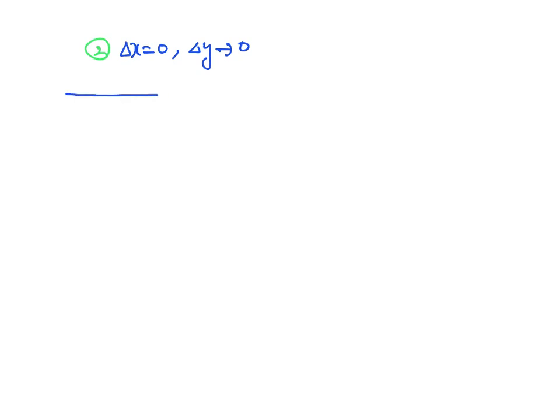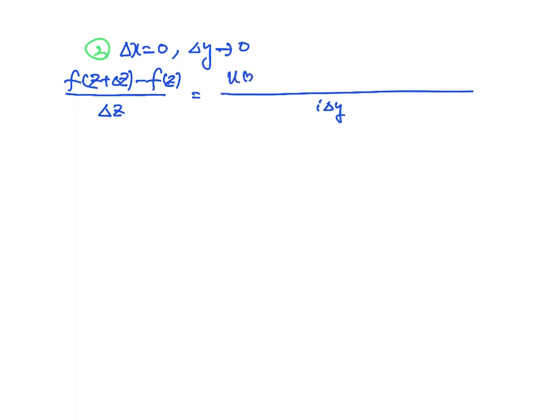Then f(z + delta z) minus f(z) is i delta y: u(x, y + delta y) plus i v(x, y + delta y) minus u(x, y) minus i v(x, y), over i delta y, right?